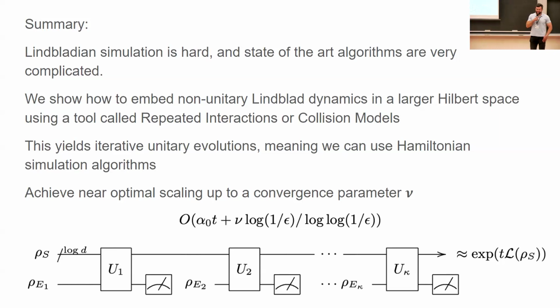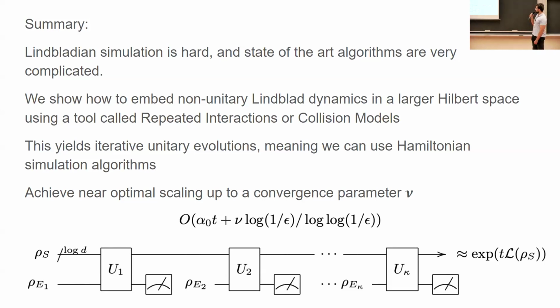If you got one takeaway from this afternoon, it's that Hamiltonian simulation is a hard problem. If you want to further complicate that and include dissipation, do Lindblad dynamics, I don't think people would argue with me saying that's a harder problem. State-of-the-art algorithms to solve that problem achieve good asymptotic complexity, but they're very, very complicated algorithms. So we take a different approach in that we use a tool called repeated interactions to essentially embed non-unitary dynamics in a larger unitary Hilbert space.